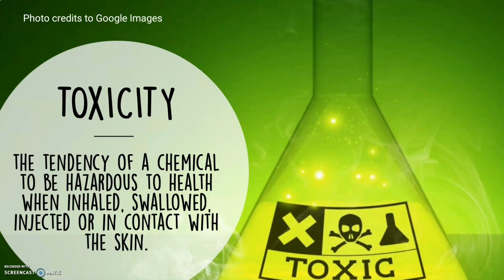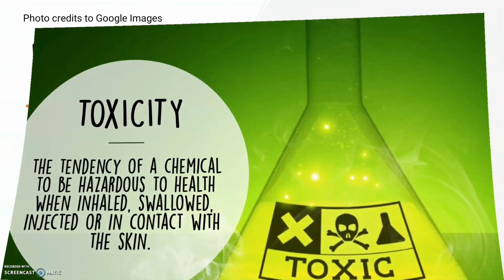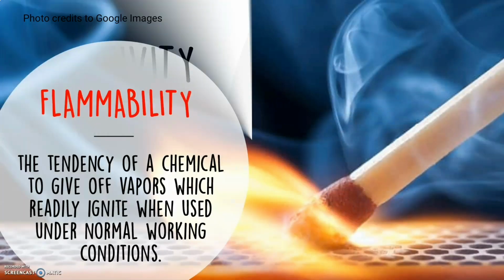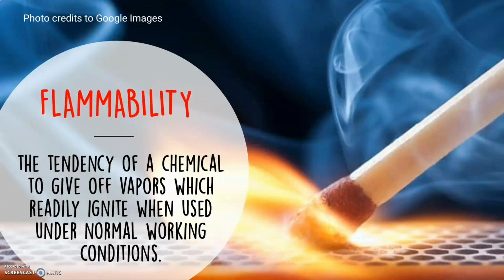When we say toxicity, this is the tendency of a chemical to be hazardous to health when inhaled, swallowed, injected, or in contact with the skin. Reactivity, this is the tendency of a chemical to undergo chemical change. While flammability, I know you are very familiar with this.